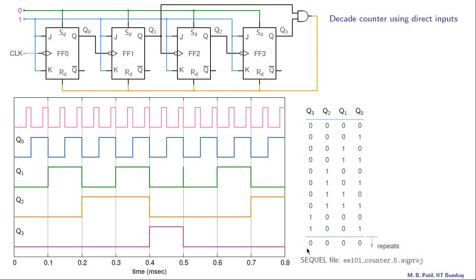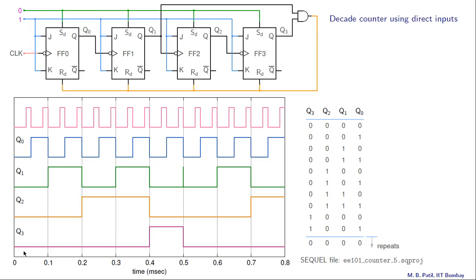And after this state, the counter simply repeats what it did earlier. That means from 0, 0, 0, 0, it will go to 0, 0, 0, 1, then to 0, 0, 1, 0, and so on. So we have got the desired functionality, and now let us look at the waveforms.